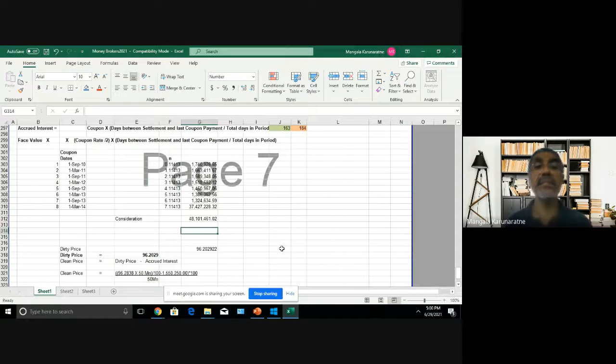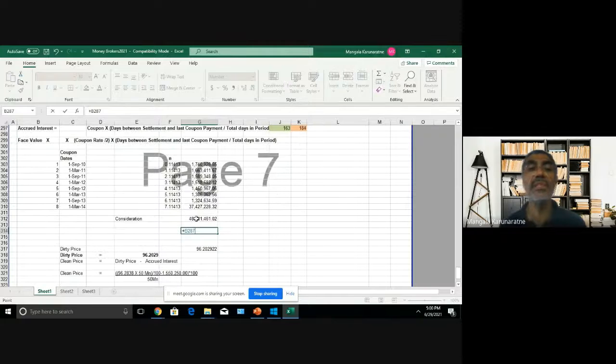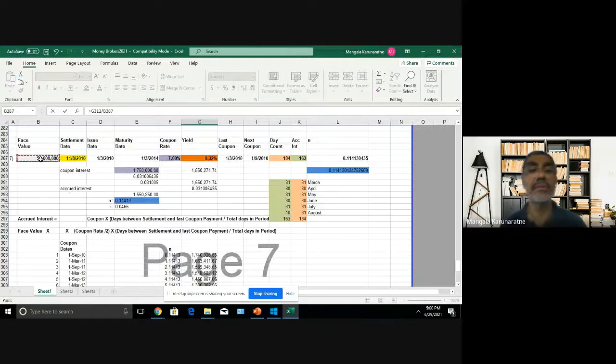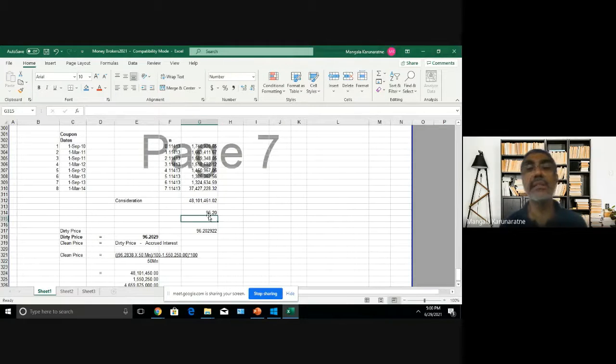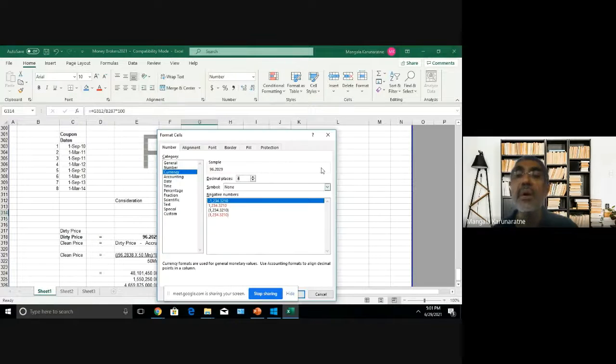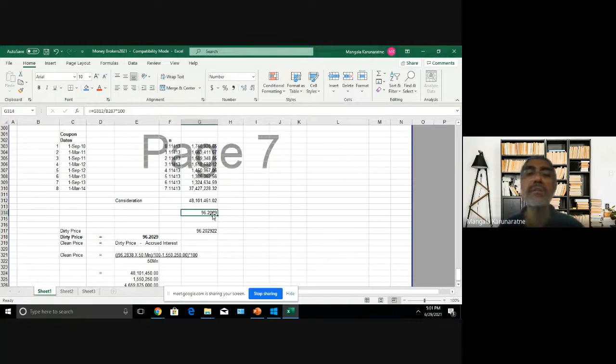By dividing this, I'll tell you, 48 million divided by 50 million into 100, because we want to get the price for 100 face value, right? So you get 96.2029.